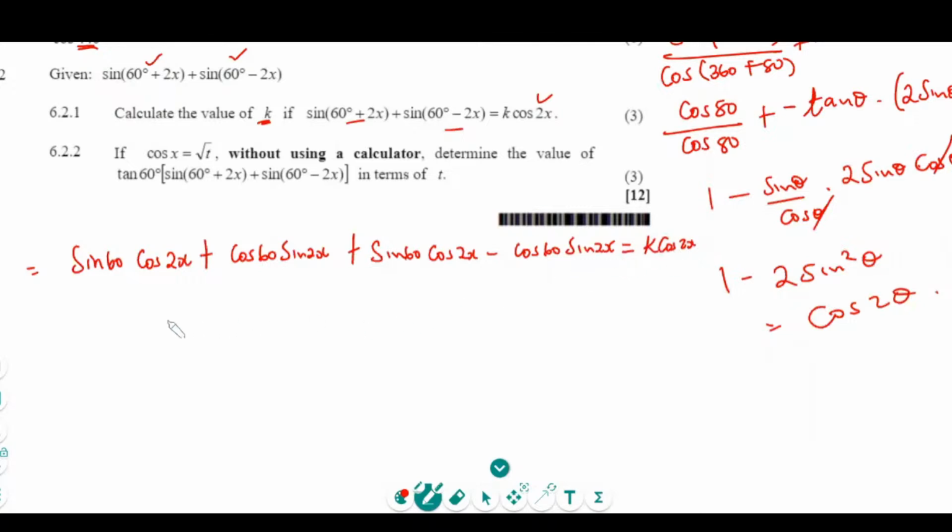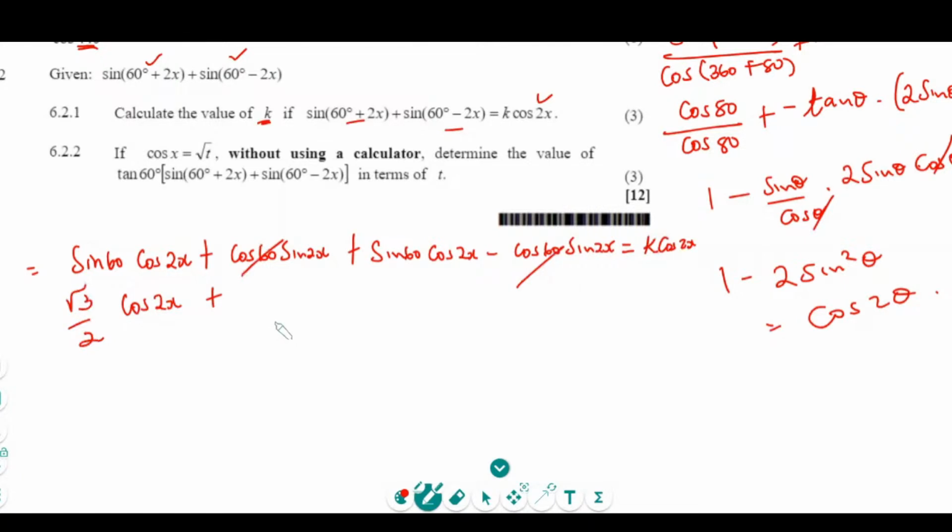All right. We know the sine of 60, what's the sine of 60? It's root 3 over 2. Okay, root 3 over 2 times cos 2x. Cos 60 sine 2x, this can cancel this. That is out.